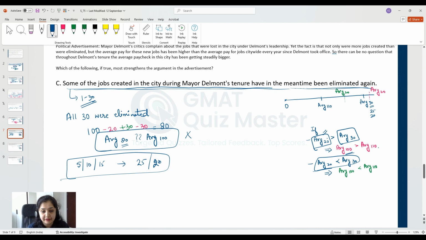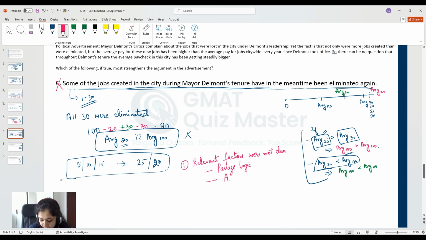It again depends on the average of the jobs that were lost and the average of the jobs that were created. So choice C clearly does not have any clear impact on the conclusion, and that is why it is irrelevant. Now, if you selected this choice, it means that again the relevant factors were not clear to you, which is because the passage logic was not clear, and most likely it is because you did not correctly understand what factors would affect these average values here.